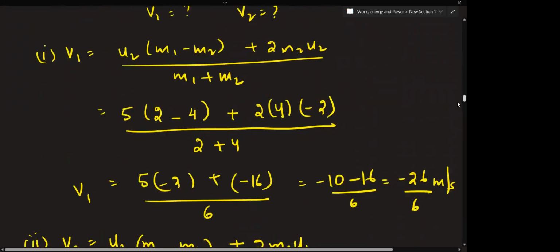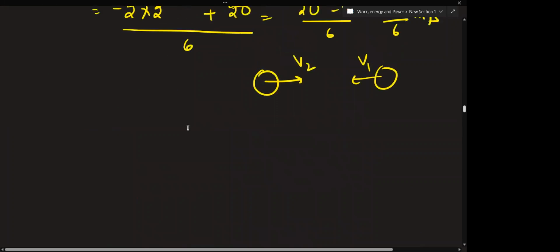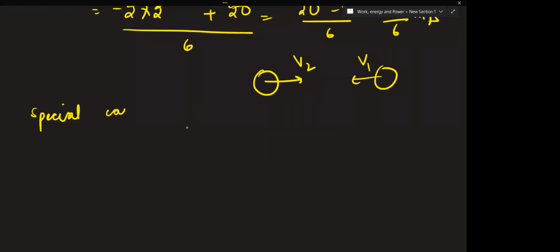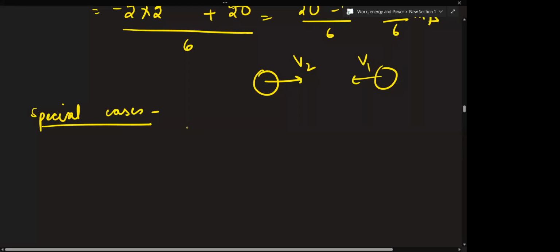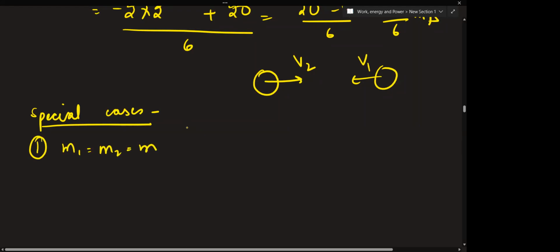Now see, before we begin with inelastic collision, you have special cases also that you have to remember. Two cases we'll see. First, if somehow both the masses of the bodies become equal. Why are we doing this separately? So as to get a final formula.